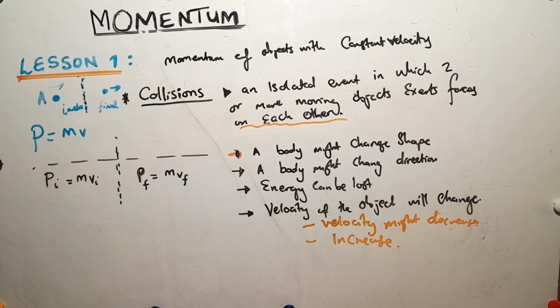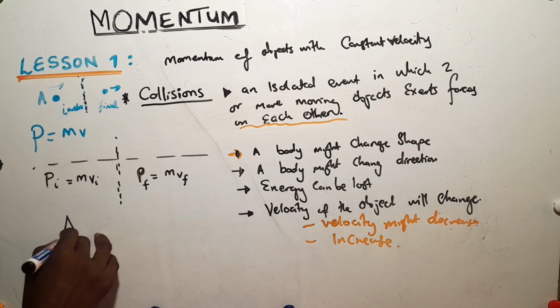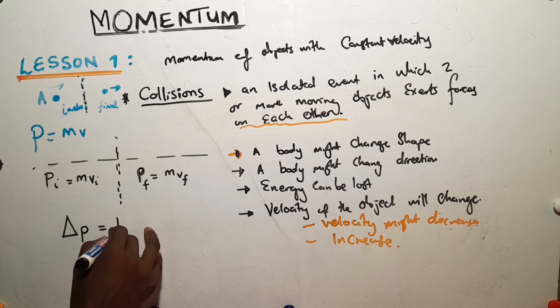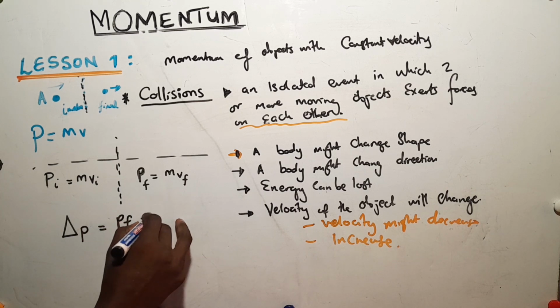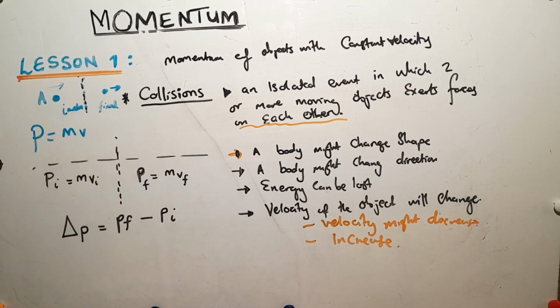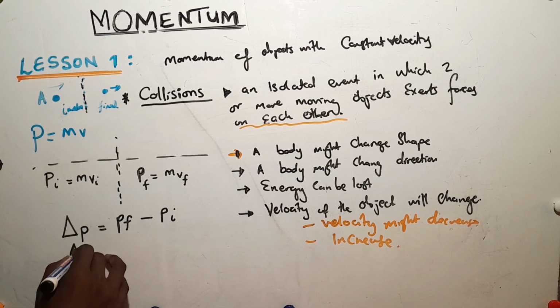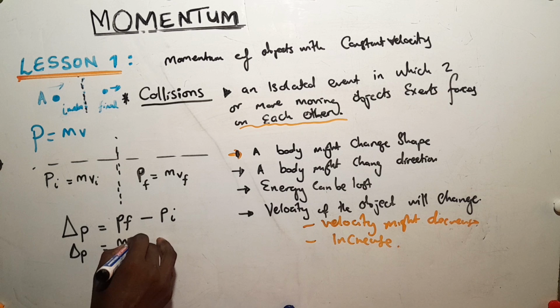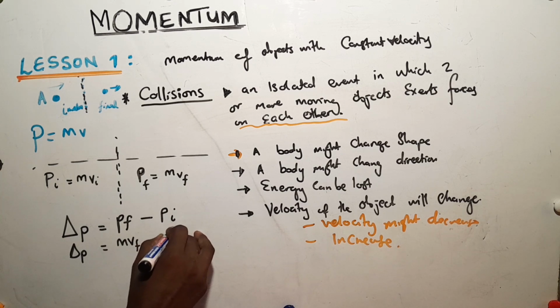The change in momentum is equal to momentum final minus momentum initial. We can also expand these formulas as mass times velocity final minus mass times velocity initial.